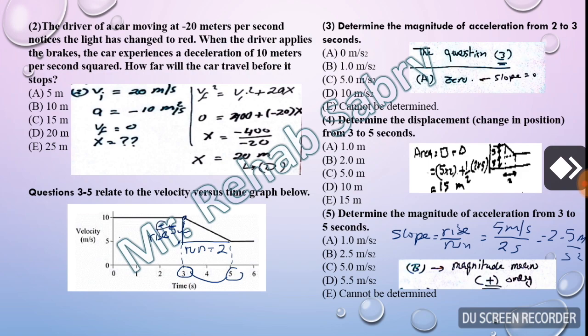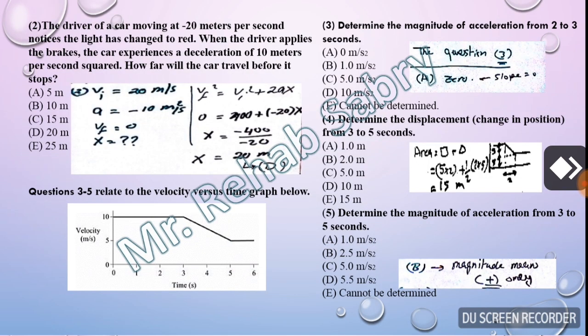So the slope is negative. Why did we write it positive? He is asking about the magnitude. He said, what is the magnitude? And magnitude means positive only. I hope you found the idea.